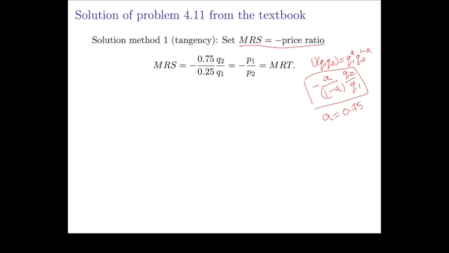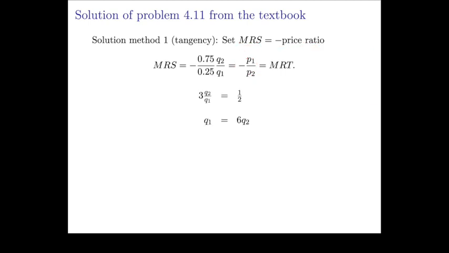So plugging in a equals 0.75, we've got the marginal rate of substitution is minus 0.75 divided by 1 minus 0.75, which is 0.25, times Q2 over Q1. And that has to equal the marginal rate of transformation, which is minus P1 over P2. Remember, P1 is 1, P2 is 2.